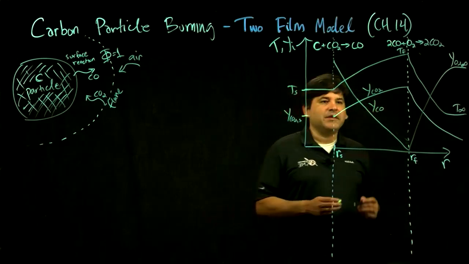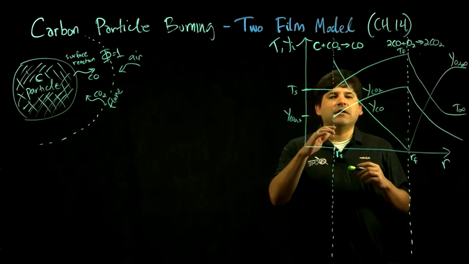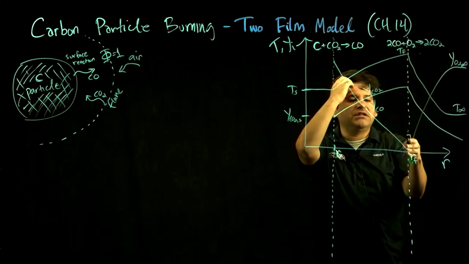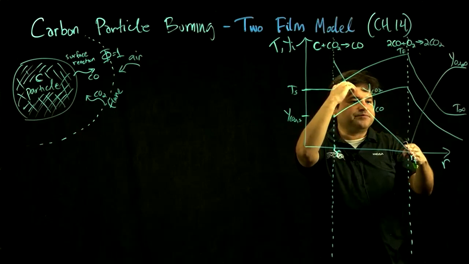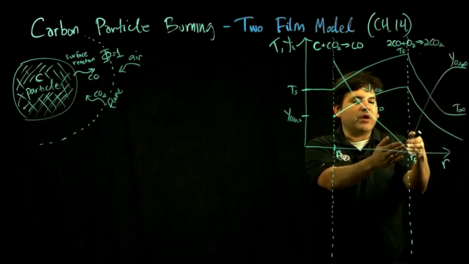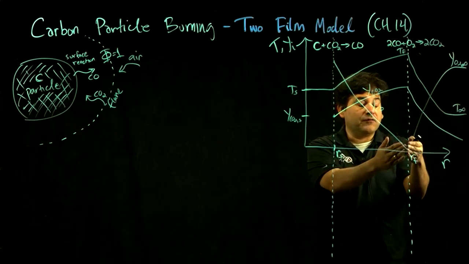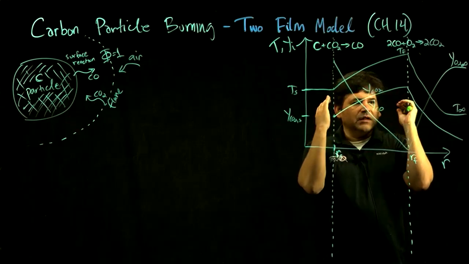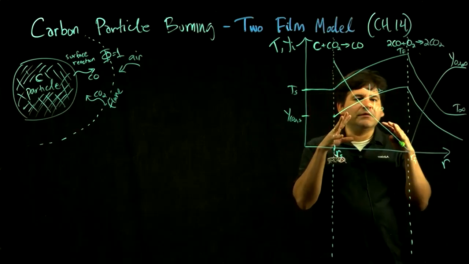So that's what's happening. You have a flame set up at a high temperature, and what you're doing is burning CO completely. The oxygen from the surrounding air also gets consumed. Again, we're assuming the flame is already going.